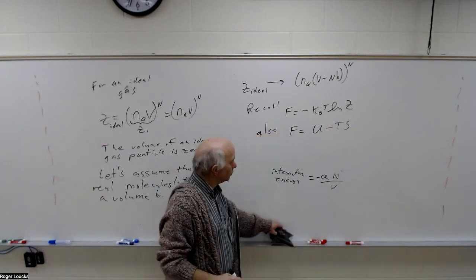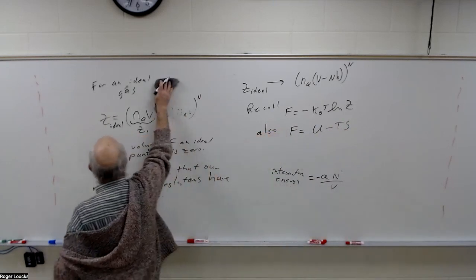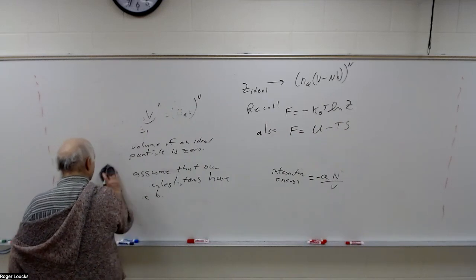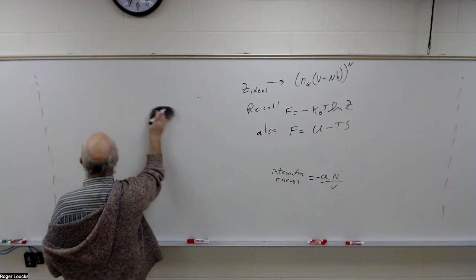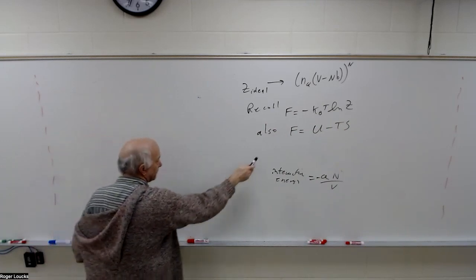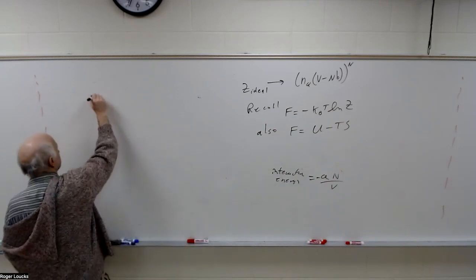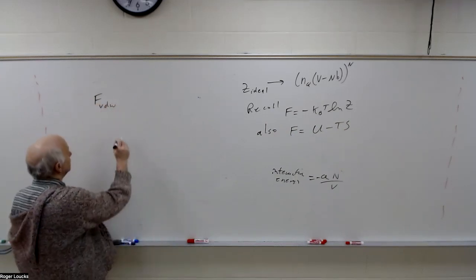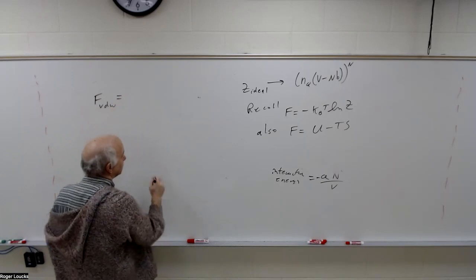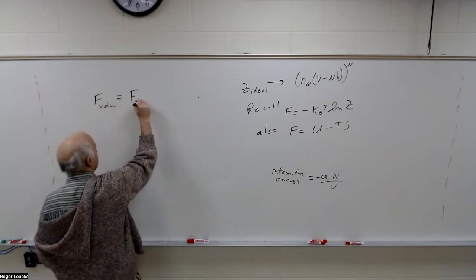Okay, so what I can do is the following argument. I can say that this F for the van der Waals equation, I'm going to abbreviate that F vdW, is going to equal F for the ideal gas.